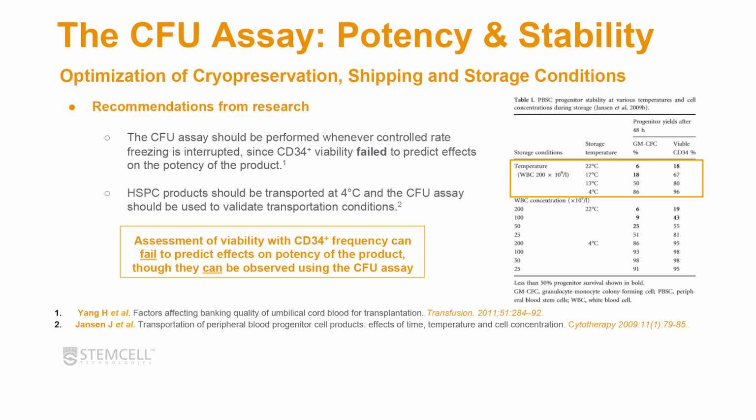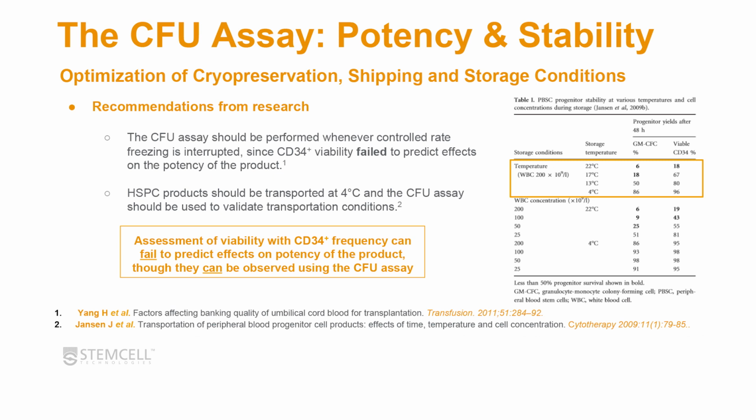In that review, Mike Watts also reviewed some of the literature. I've shown a couple of references here where people have investigated the effects of storage conditions on hematopoietic stem cell potency, and they all come to the same conclusion: the assessment of the viability of CD34 frequency can fail in some cases to predict the effects on potency, which can be observed using the CFU.